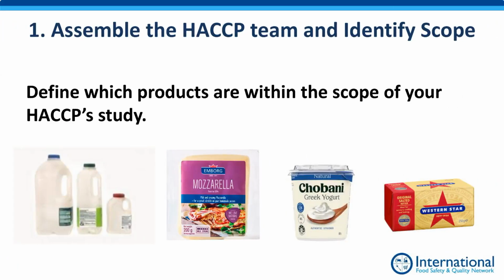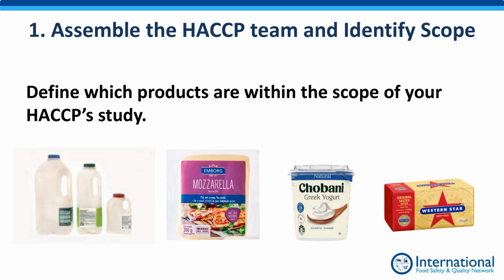The scope. The HACCP team should identify the scope of the HACCP system and applicable prerequisite programs. The scope should describe which food products and processes are covered.